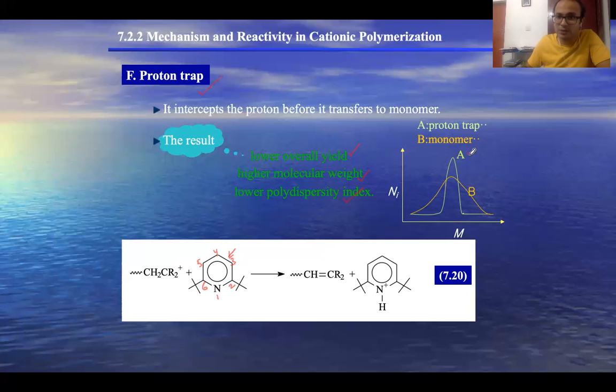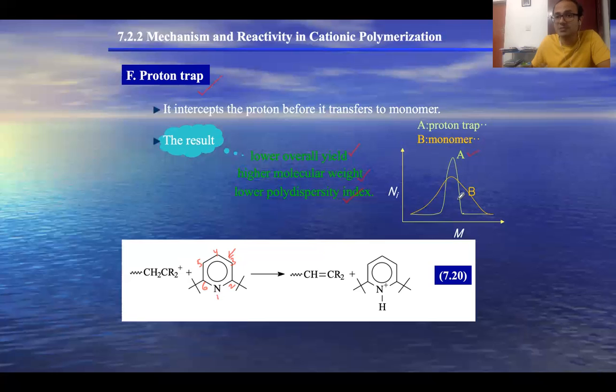And in polymerization, we always aim for a lower polydispersity index. These terminologies you will understand when we do a video on molecular weights in a later module. So just remember, we always prefer a monodisperse or lower polydispersity index.